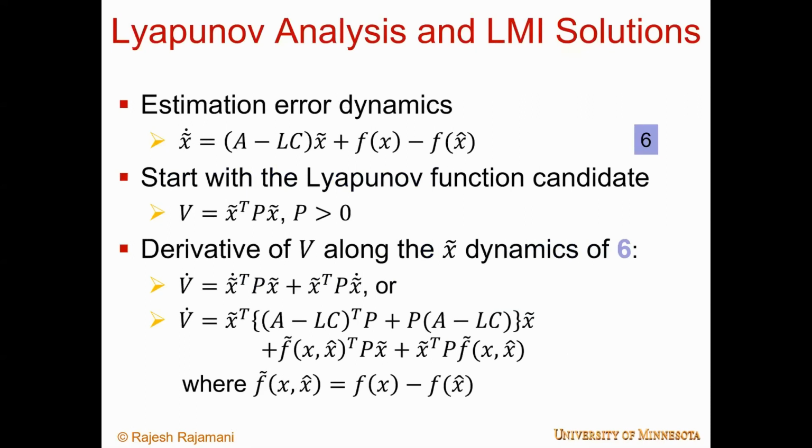So let's look at Lyapunov analysis and how to use it to set up LMI constraints for the observer gain. Again, the estimation error dynamics is x tilde dot equals A minus LC times x tilde plus f of x minus f of x hat. We start with the Lyapunov function candidate.